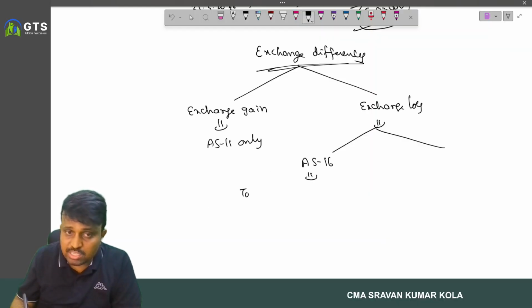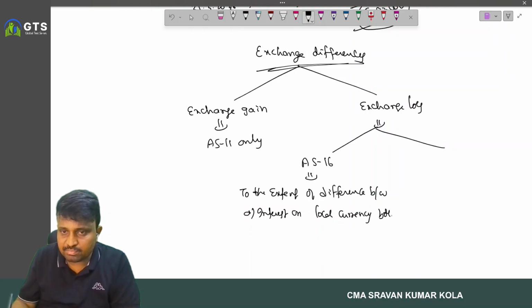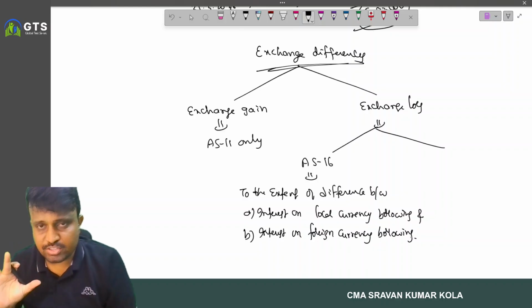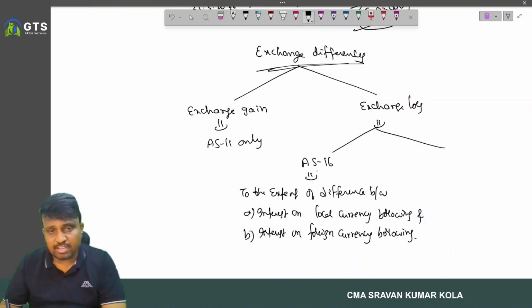Which part? To the extent of difference between interest on local currency borrowing and interest on foreign currency borrowing.